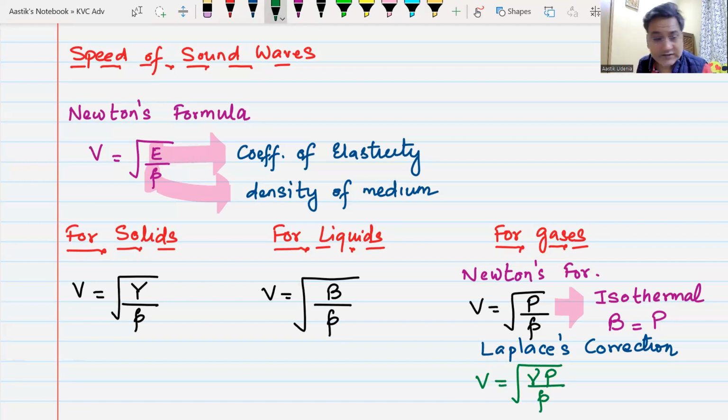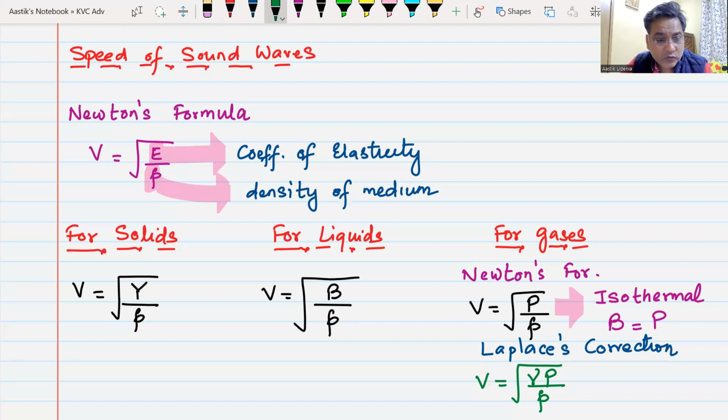Do you know what is this gamma? No, sir. This gamma is known as the adiabatic constant. Right now you can call it adiabatic constant.